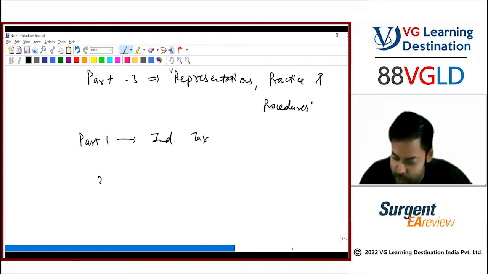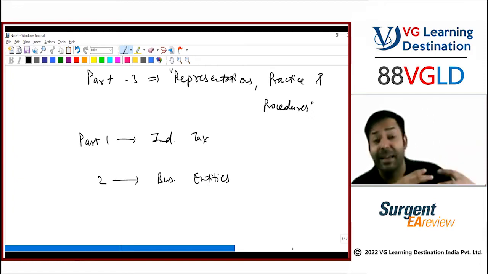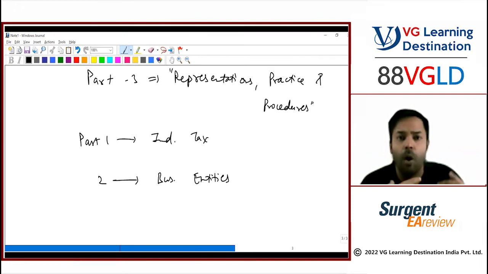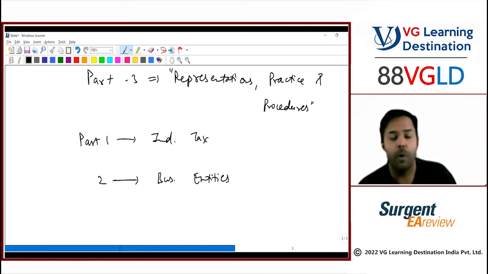Part 2 is going to be business taxation, or I can say business entities. First part is all about individual taxation, second is going to be the business, and third is going to be all about how, if you are representing your client in front of IRS, what are the things you need to take care of, what are the matters you need to deal with, what are your roles or your responsibilities. All of it is going to be covered in part 3 itself.